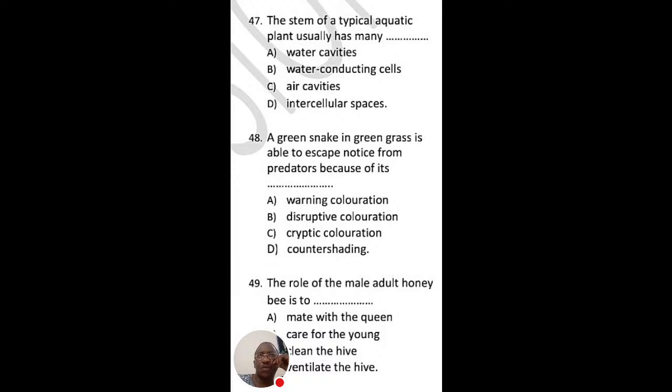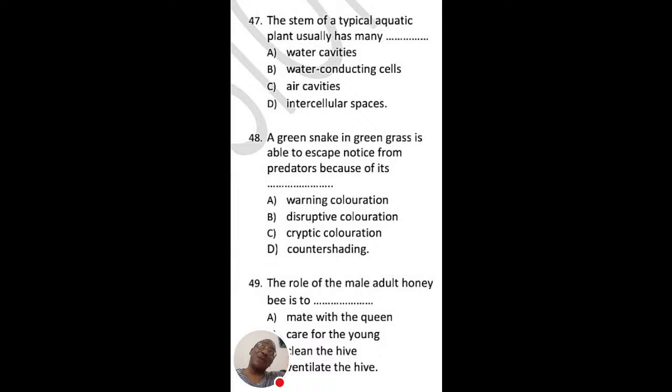There's what is called countershading. Countershading is more common in aquatic animals. Take, for example, a toad or frog in water: the under surface, the ventral surface, is white in color. If an animal underwater wants to feed on it, the white ventral surface of the frog blends with the sky.